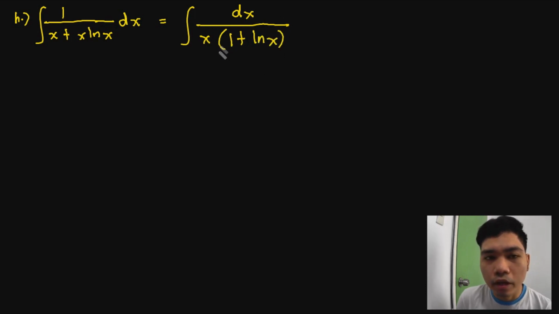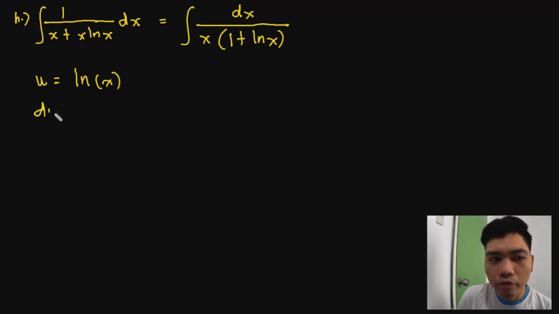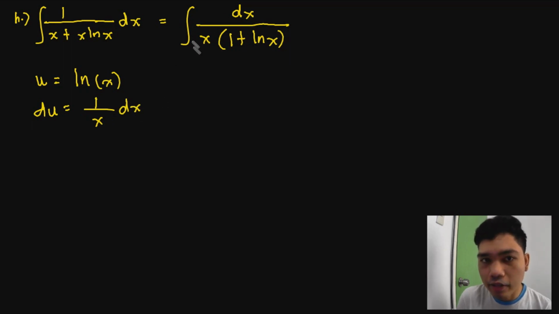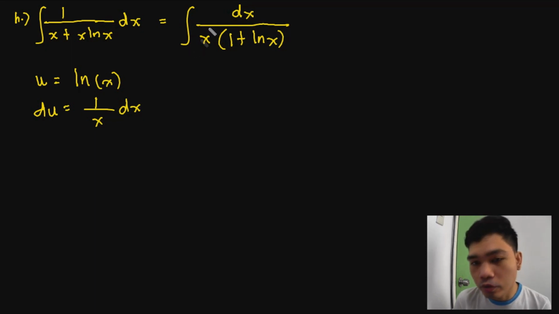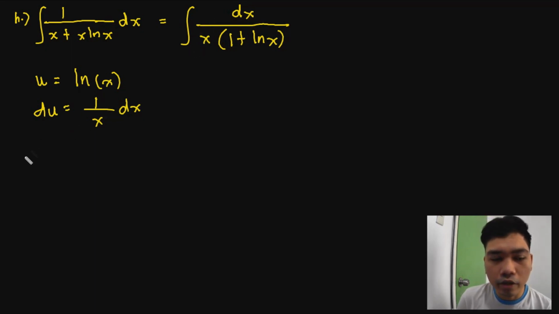Okay, and if you let u equal to the natural logarithm of x, we could therefore say that the derivative is simply equal to 1 over x dx, or simply dx over x, and this is exactly that derivative. So if we want to rewrite this in terms of u, then the expression would become the integral of du divided by 1 plus u.